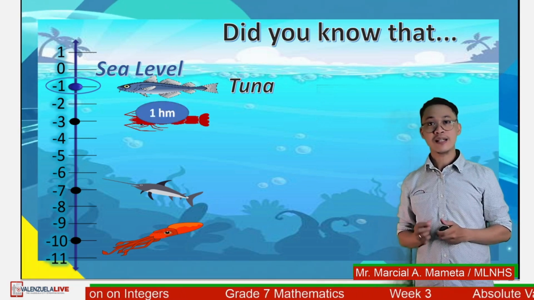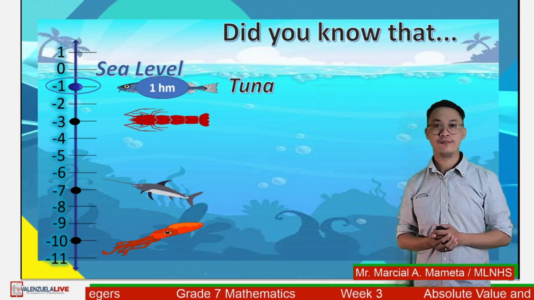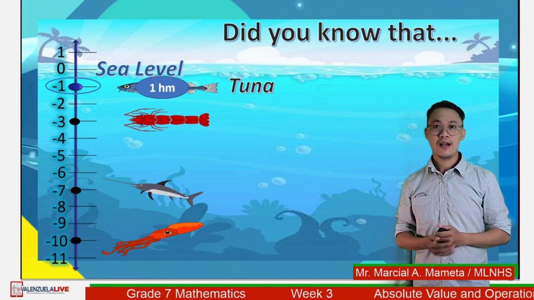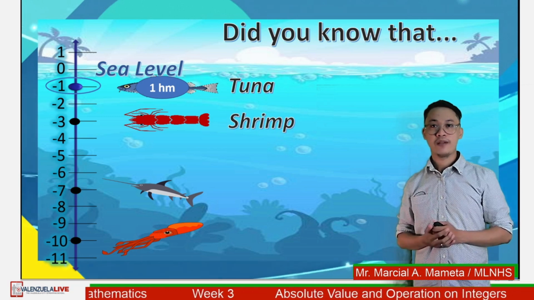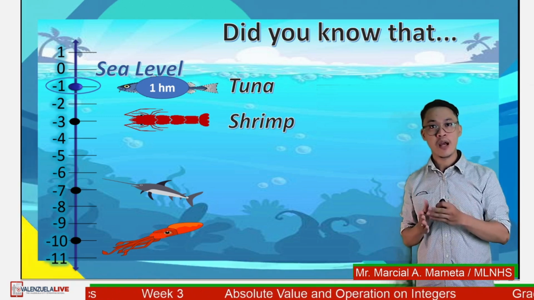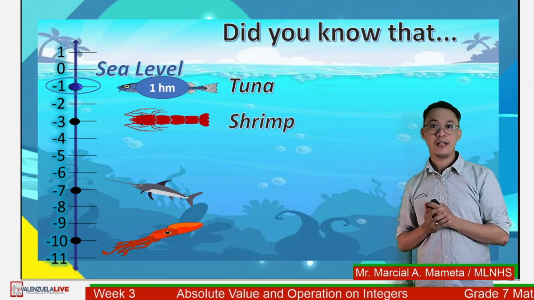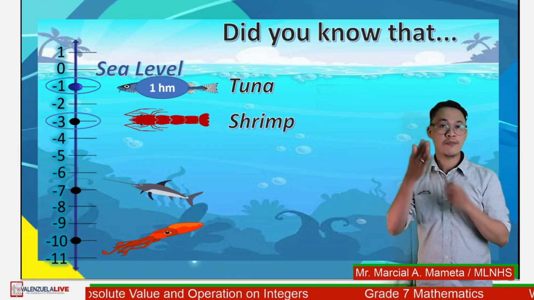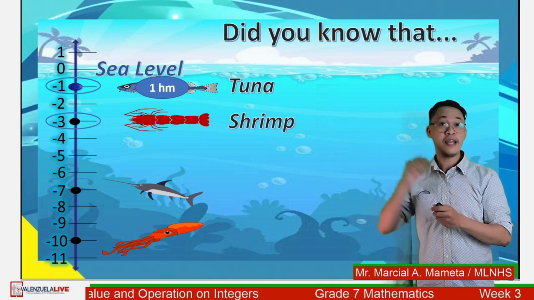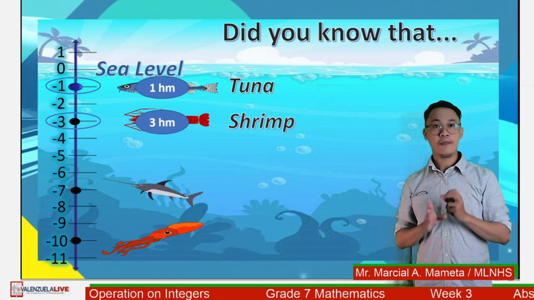The answer is 1 hectometer. Great. Next, our next sea creature, which is the shrimp. Now, what is the distance of the shrimp from our sea level? It is located at -3 of our number line. So therefore, the distance of the shrimp from our sea level is 3 hectometers.